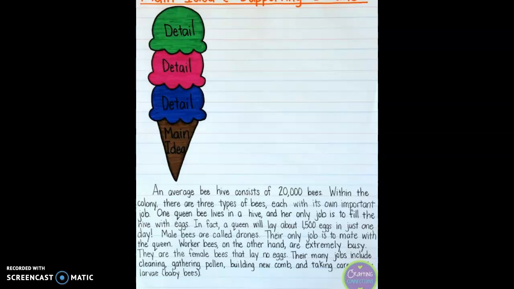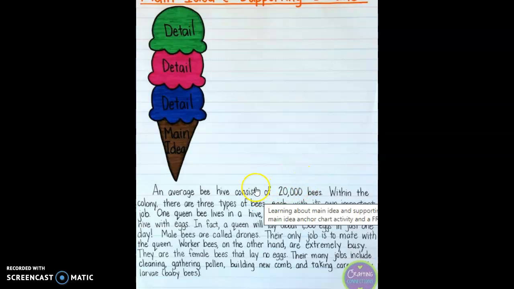In fact, a queen will lay about 1,500 eggs in just one day. Male bees are called drones. Their only job is to mate with the queen. Worker bees, on the other hand, are extremely busy. They are the female bees that lay no eggs. Their many jobs include cleaning, gathering pollen, building new comb, and taking care of larvae, baby bees.